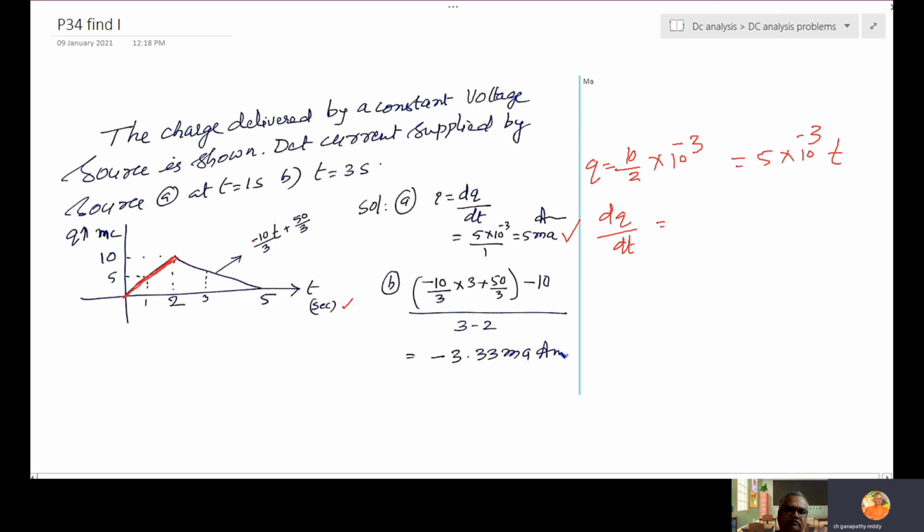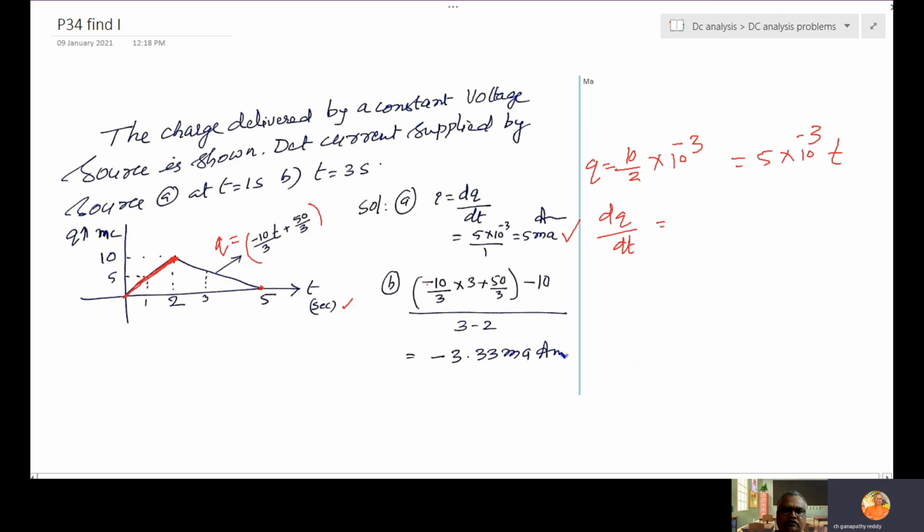This equation is minus 10 by 3 t plus 50 by 3. I told earlier one technique how to find a straight line equation. Use the technique to get the line equation. Otherwise x1, x2, y1, y2, from that also you can do it. So this is the Q equation, negative slope.